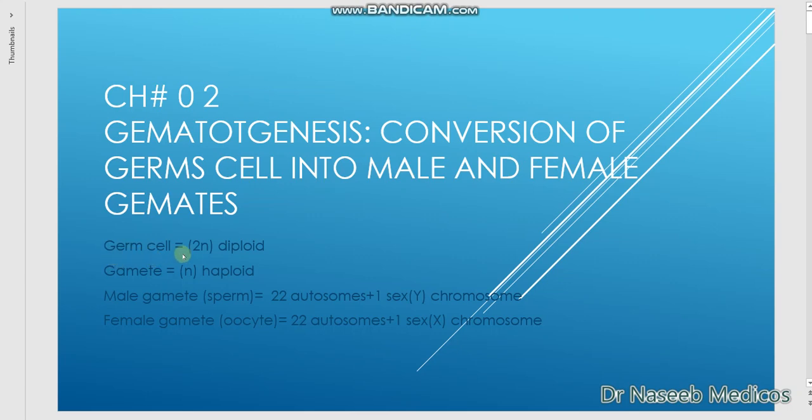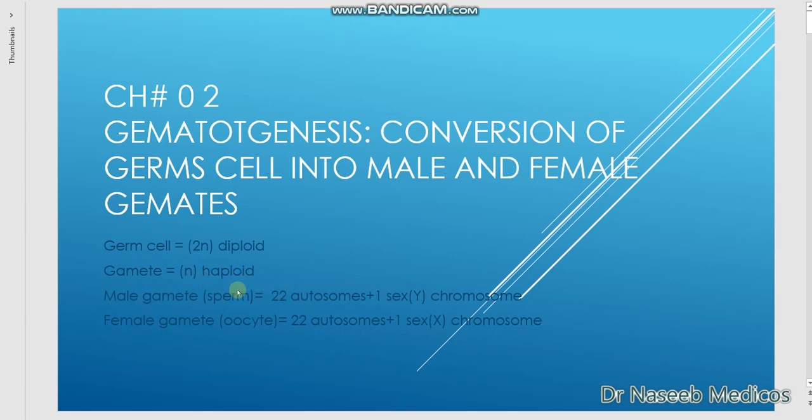What is a germ cell? The germ cell is actually the 2n or diploid cell which contains the double copy of each chromosome, one from father and one from mother. Gamete is actually the product of the germ cell which contains the haploid number of chromosomes.